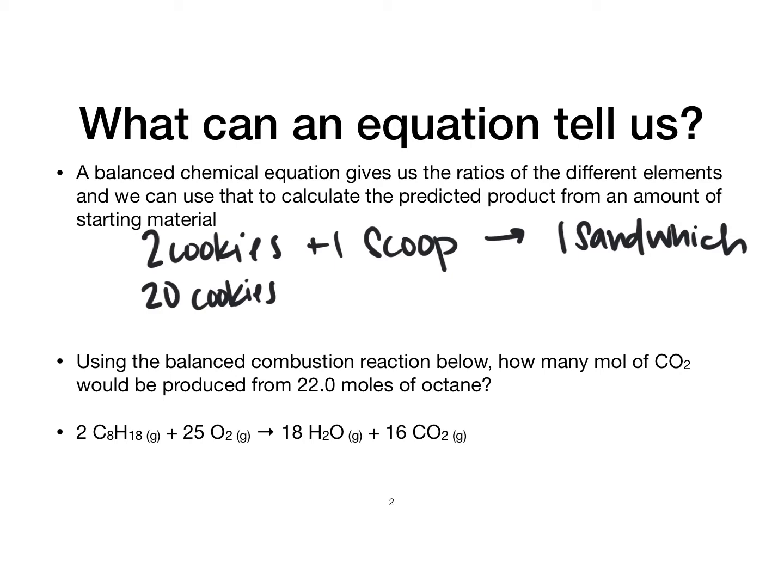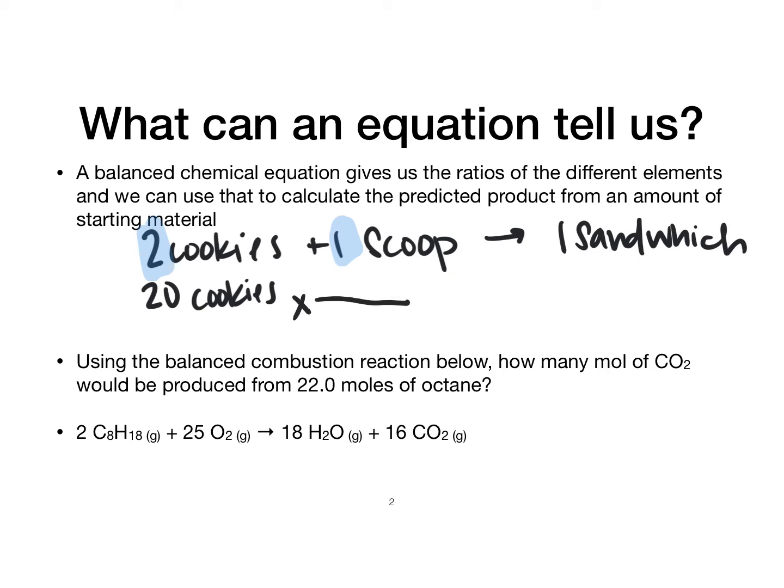And so the way we're going to use that same information that you already know is to use the stoichiometric coefficients. So the stoichiometric coefficients are these numbers here. And so we know that the cookies and ice cream are in a 2-to-1 relationship. So we know that for every 2 cookies, you need 1 scoop.